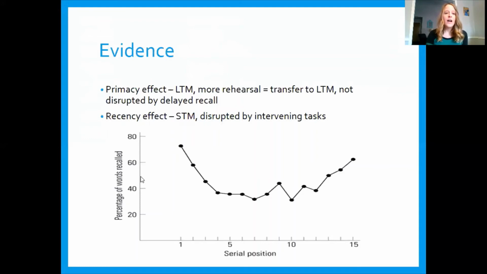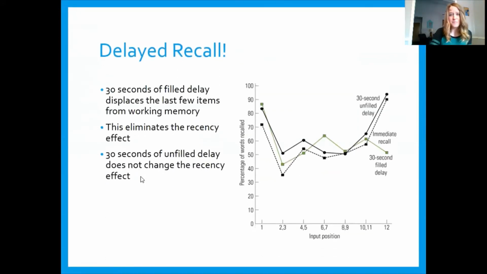And so we have worse performance for the words that appear at the middle of the list because they have not been transferred to long-term memory and they're not currently in short-term memory. Right? And so we can see the difference between facilitated recall that's due to long-term memory and facilitated recall that's due to short-term memory with the serial position curve in this type of test.